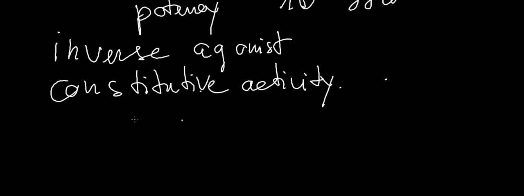And then you have an inverse agonist. An inverse agonist will stabilize the constitutive activity. They are still agonists. They do not block any agonist, but they just stabilize the constitutive activity. So they will have the opposite effect to an agonist. So that is an inverse agonist.